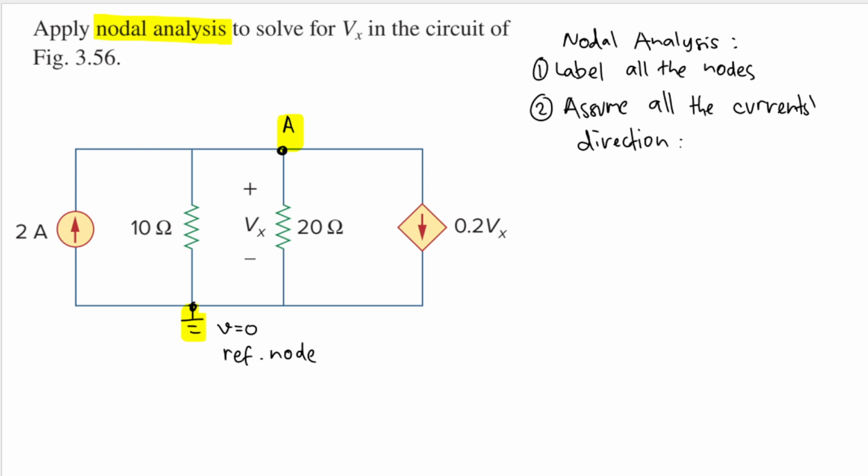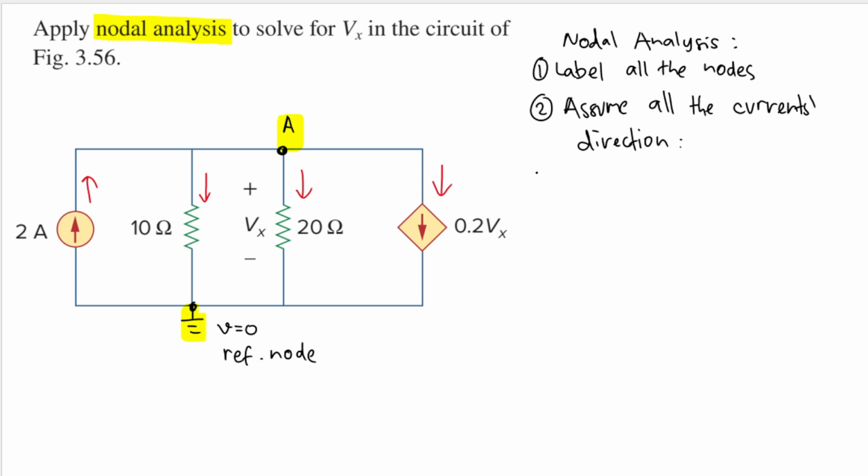We can just assume that the current that goes from the current source is going like the arrows here. So this will be going up and this will be going down. And for the ones that are unknown, we can just assume arbitrarily. So I assume this is going down and this one is going down here. I think we have done all the work for step number 2, which is to assume all the currents' directions.